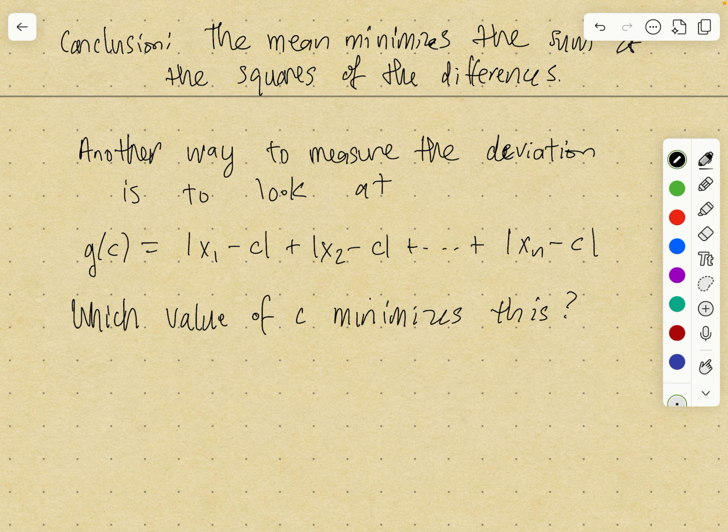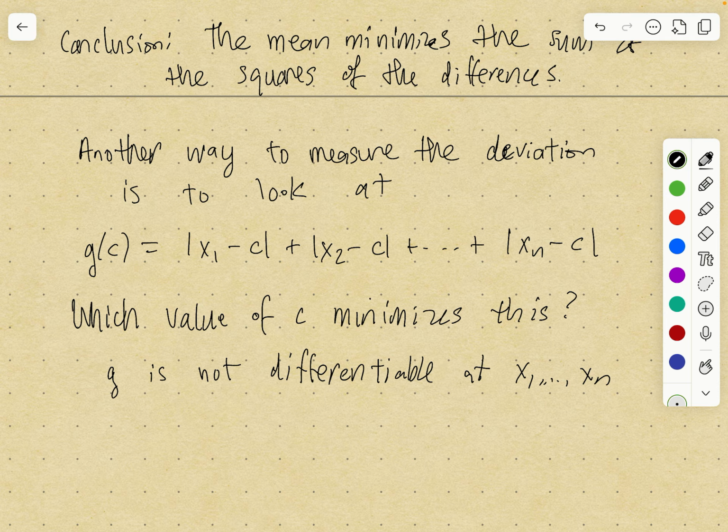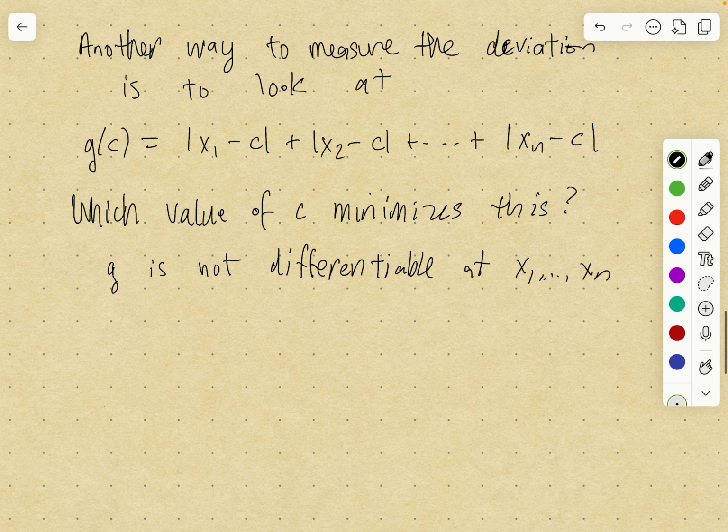So this function is not differentiable at x1 through xn. Right, because there's a sharp corner, because of the absolute value.